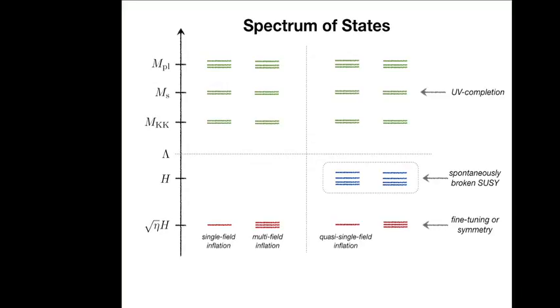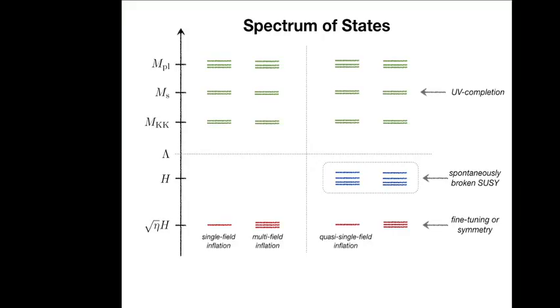But then, especially in theories with spontaneously broken supersymmetry, I think it's quite natural, in fact, to have a spectrum of states with masses that live around the Hubble scale. Okay? So this would be anything that's stabilized and light in the absence of SUSY breaking, and then SUSY breaking might lead to a mass splitting of order the Hubble scale, like I was explaining earlier.